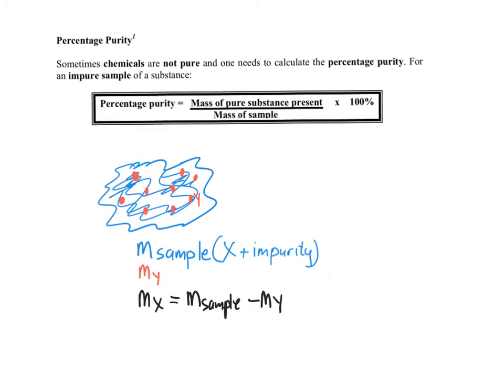So we are going to do a calculation in the next slide where we work out the percentage purity by taking the mass of the pure substance, which in this case was X, and dividing it by the mass of the sample, and to convert it to a percentage we times by 100%.